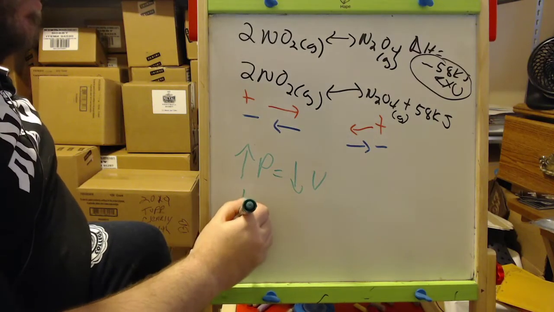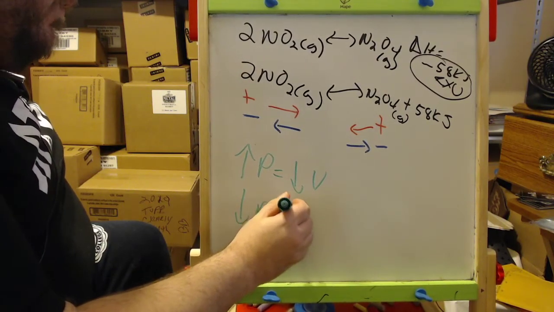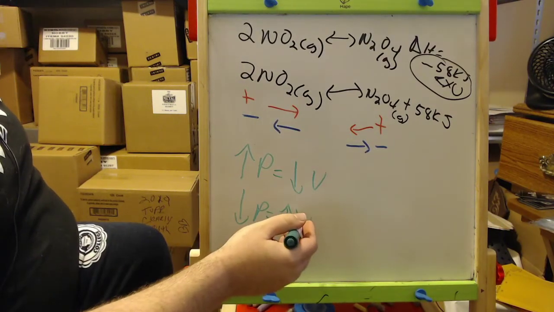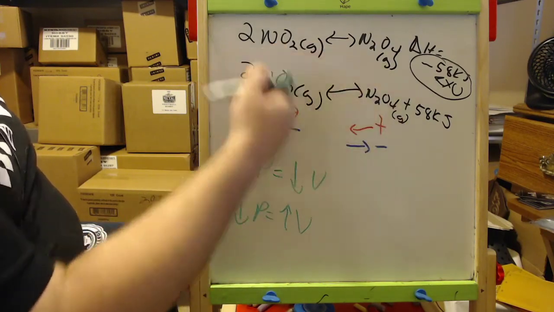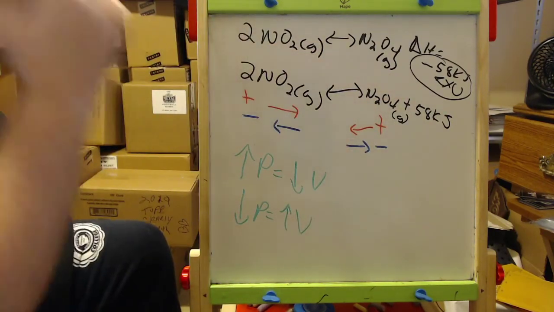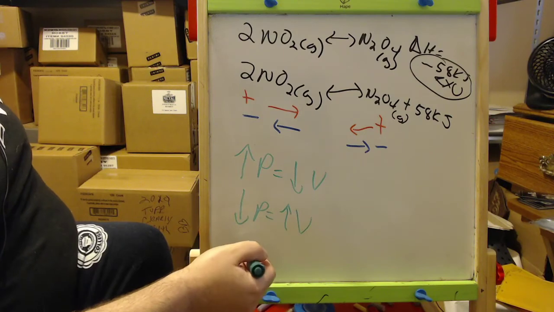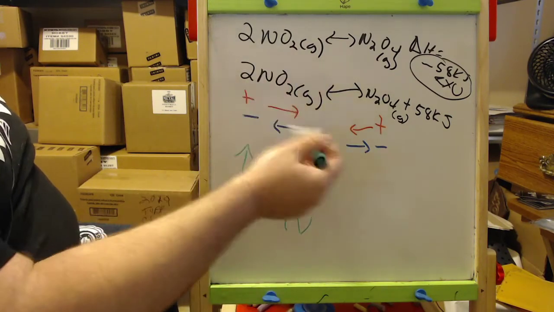If I decrease the pressure, it's equivalent to increasing the volume. So these stresses, either decreasing the volume or increasing the pressure, have the same effect on our reaction at equilibrium. Decreasing the pressure, increasing the volume, same effect on equilibrium.